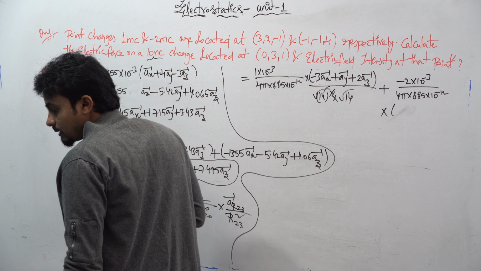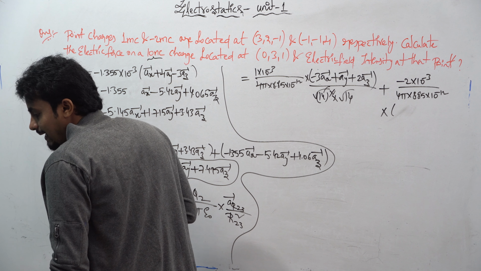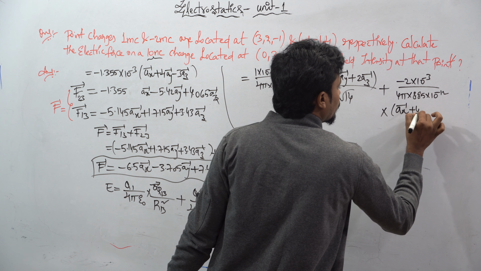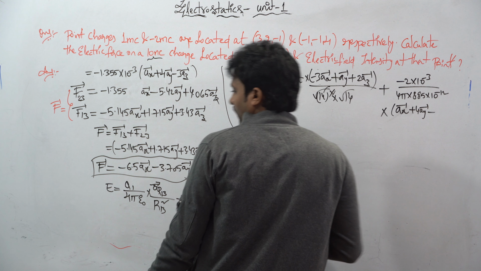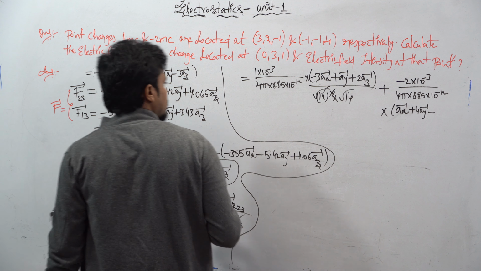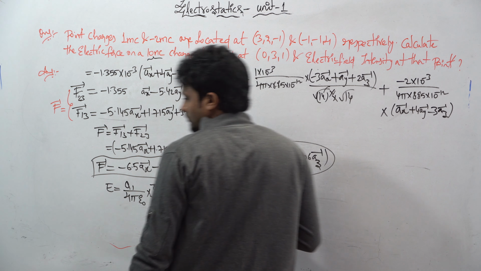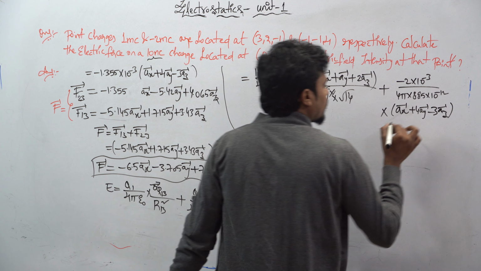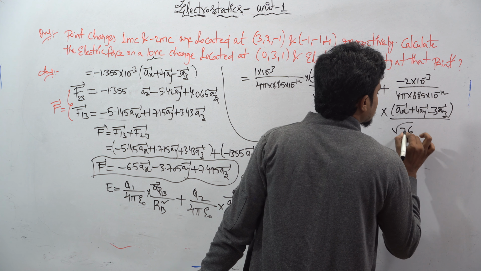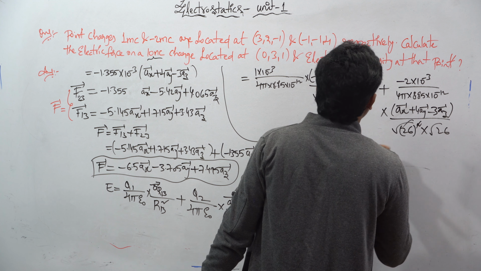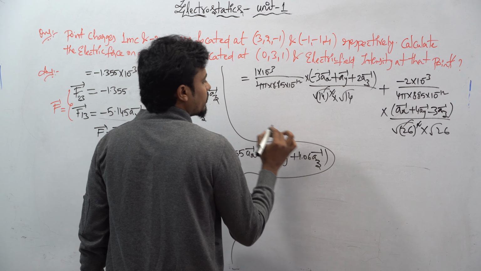That is ax bar plus 4ay bar minus 3az bar, divided by root 26 whole square into root 26. Okay, just put all of those values in your calc.